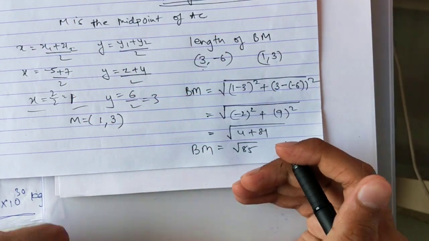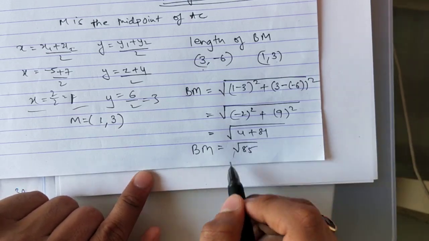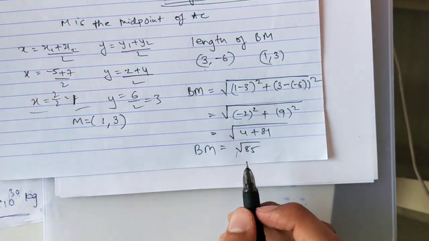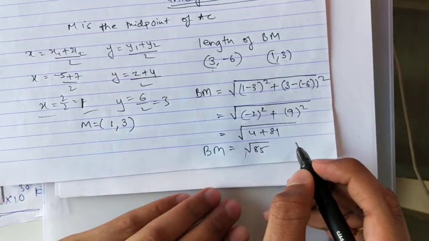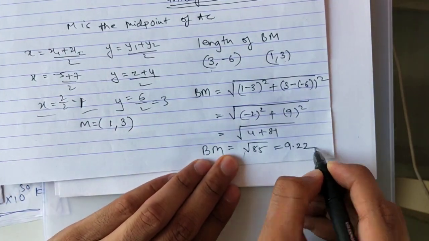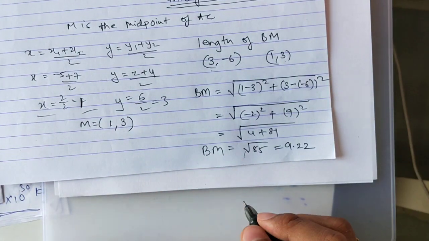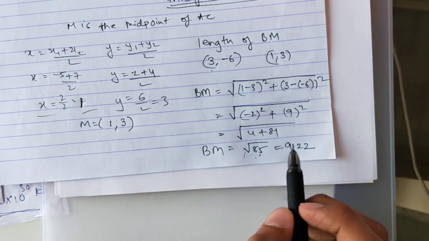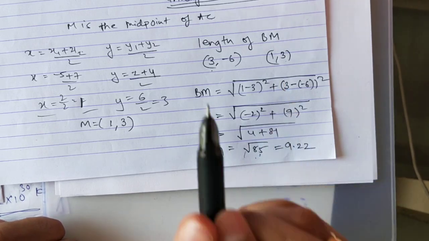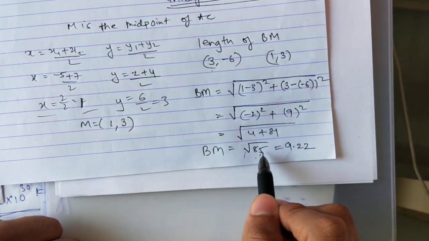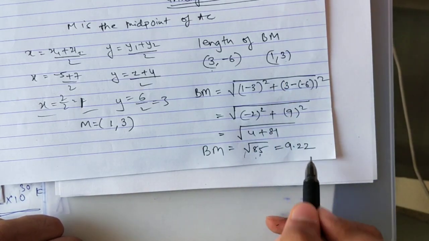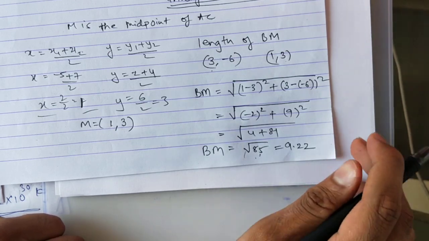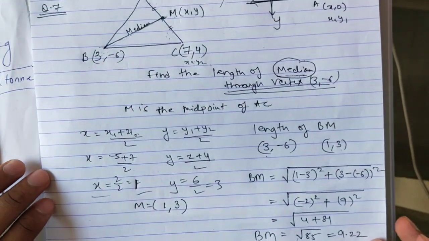So using that book, you can easily look up the value of root 85, and you will get the answer as 9.22. So we cannot leave the answer here as they are going to provide you a logbook where you will have square roots of 1 to 100. So this is square root of 85, and you can easily find the value 9.22 from there. Okay, so I hope the sum is clear to you.